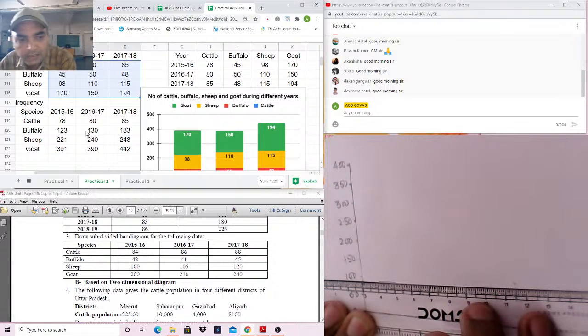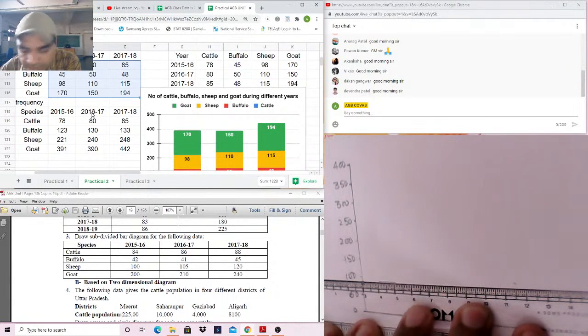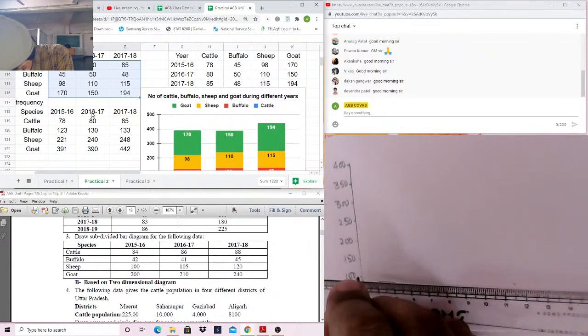Okay, then next mark should be on the 123.